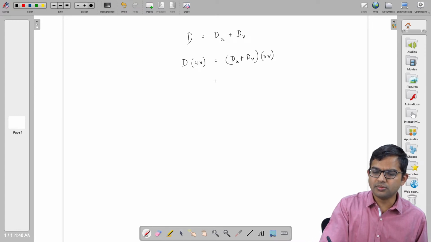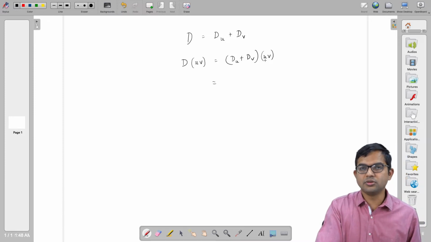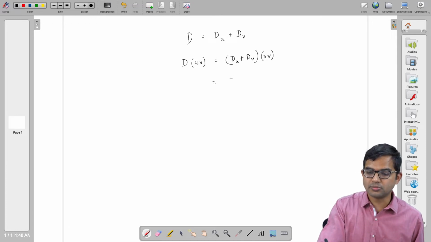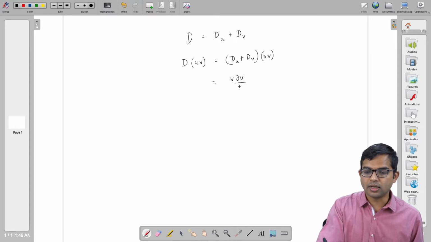What this notation really means is that when du acts on uv, it treats v as a constant.